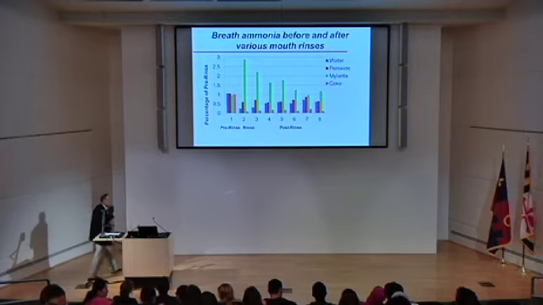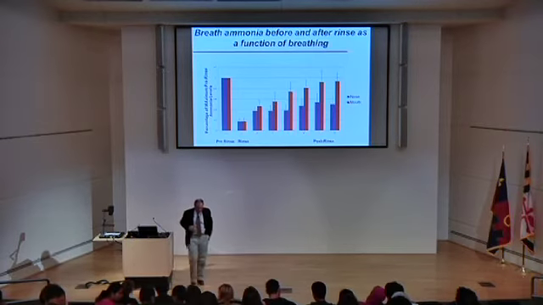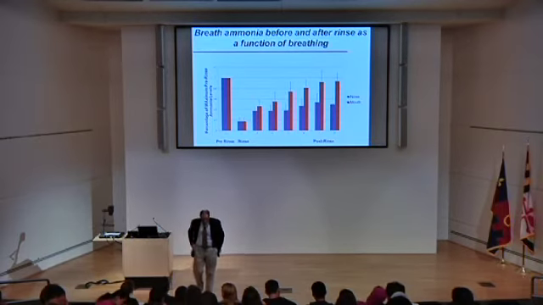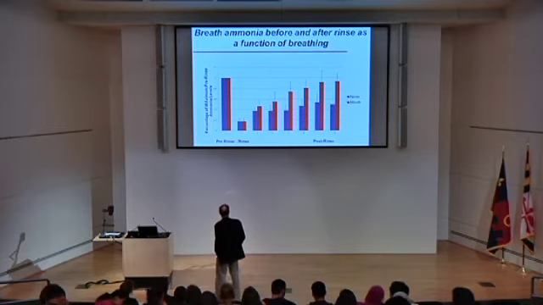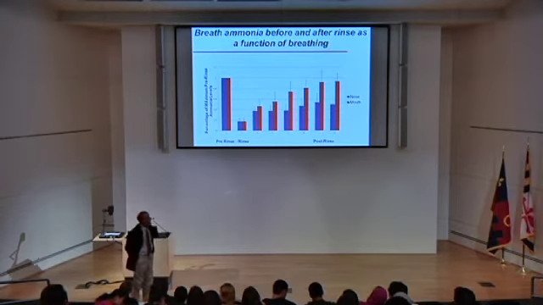So where is this ammonia coming from? This experiment shows it. This is the same experiment, but we're washing the mouth with ammonia or with water, and this is actually 11 people.